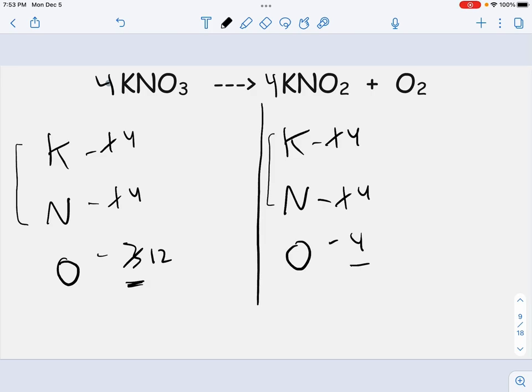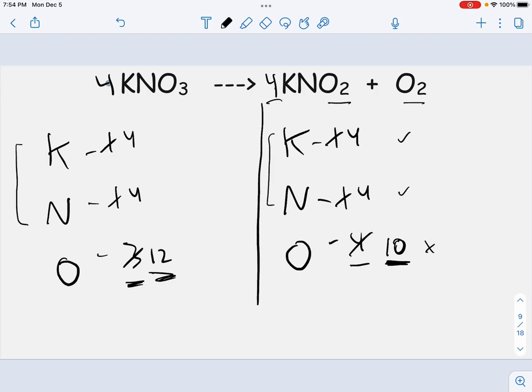So we have 4 times, it applies to the O2. So we're going to have 8, and then we're going to add the 2, so now we have 10. Potassium balances out. Nitrogen balances out. But oxygen does not balance out. We have 10 on the right and 12 on the left.